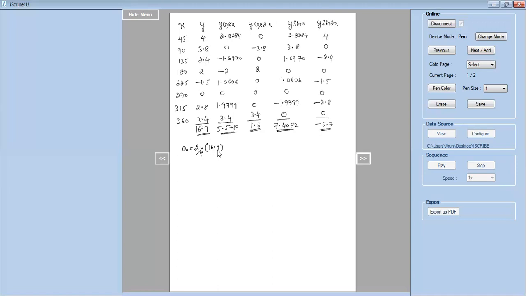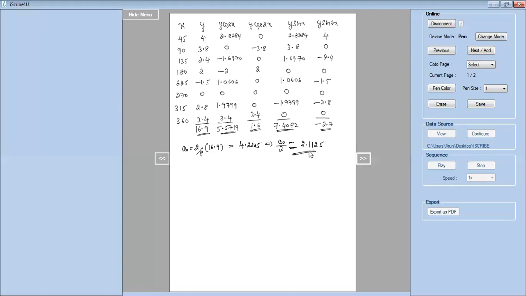If I simplify this, A naught comes around 4.225. So A naught by 2, just divide this by 2, is 2.1125. So this is the value of A naught by 2, the first term of the Fourier series expansion.